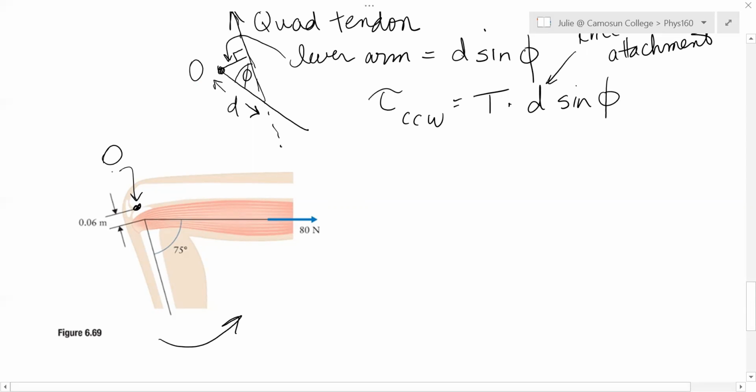Yeah, this is a triangle as well. So D, this is D, but that's not the perpendicular distance of the force because, well, just because it's not. So that's D, this is D. And that's the 6 centimeters. So D equals distance from knee to attachment of that hamstring.